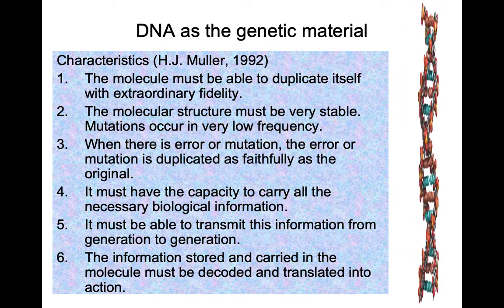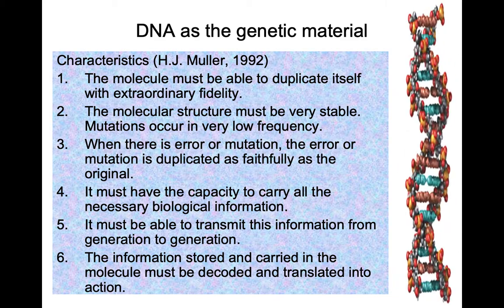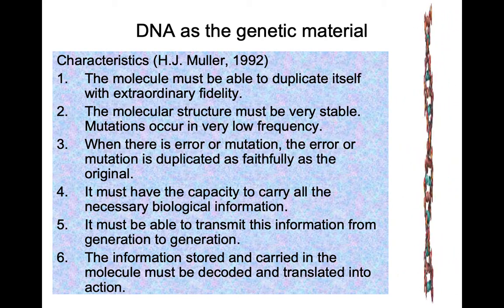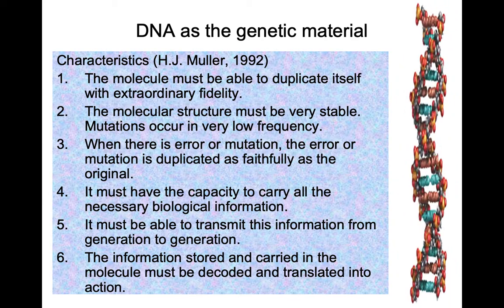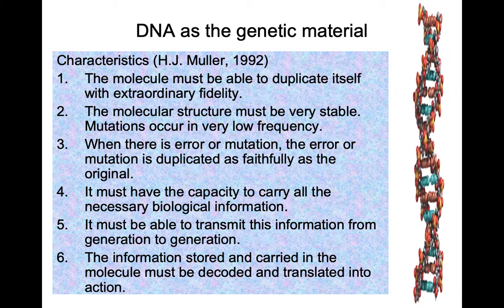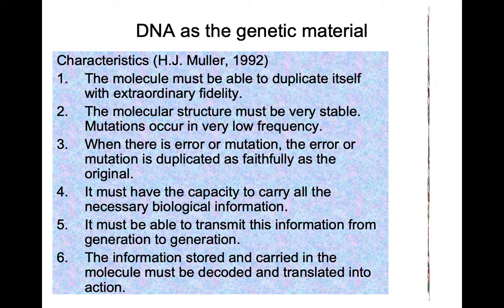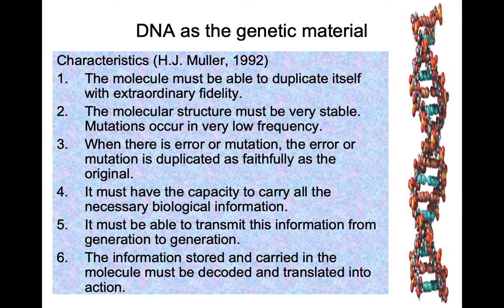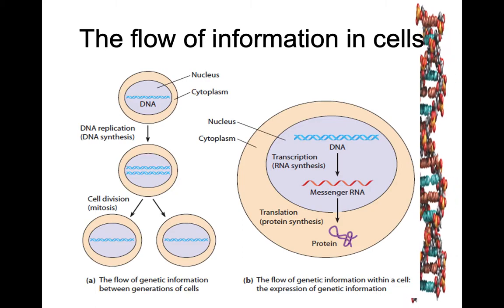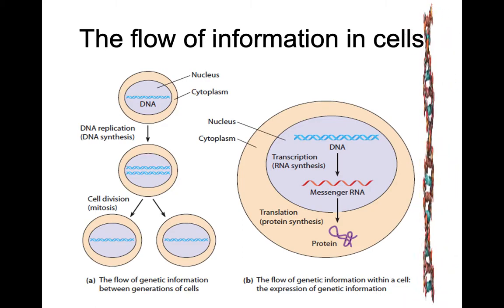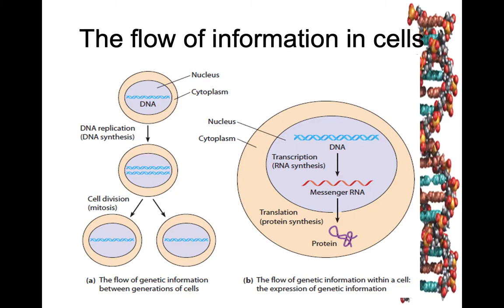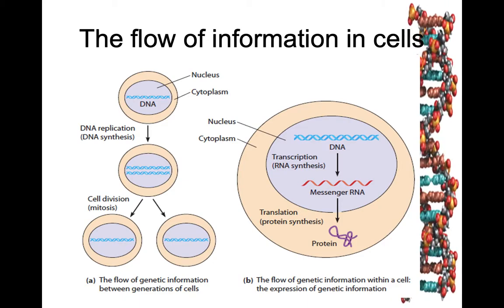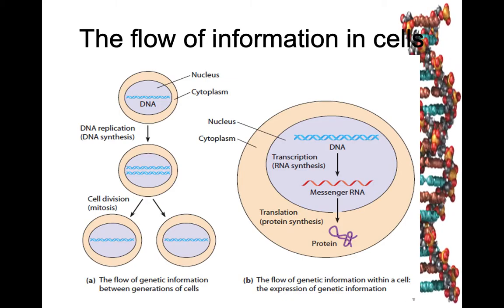Now, the key processes under central dogma, which are the processes of replication, transcription, and translation, we can conceptualize them using a lens of information flow. So you can think of proteins as outputs, and you can think of DNA sequences as inputs.